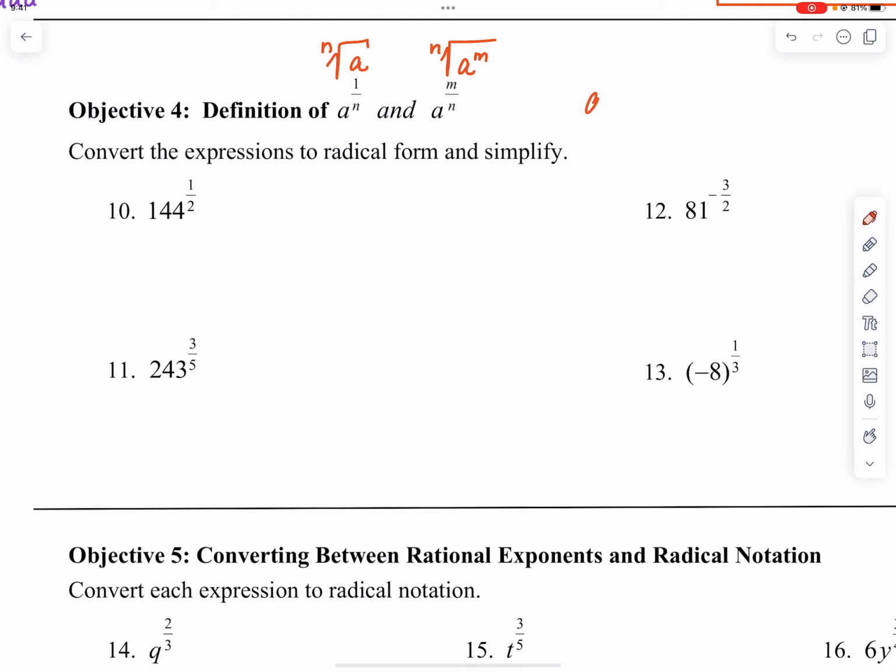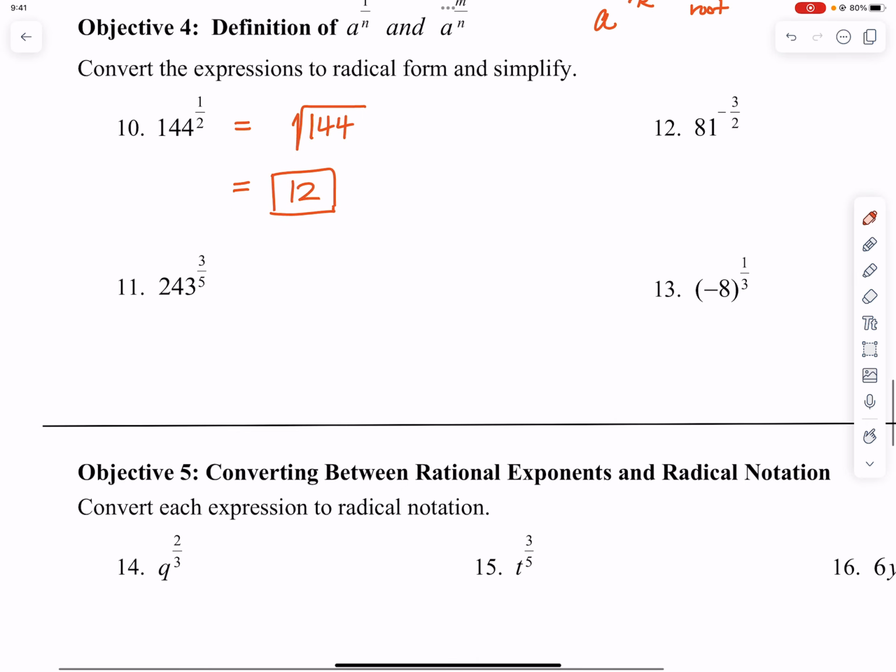So whenever you have a, it's raised to the power over root. Power over root. Okay, let's practice this. 144 is raised to the first power over a square root. Now keep in mind, we don't write that 2, but that is the root, and of course that answer is 12.